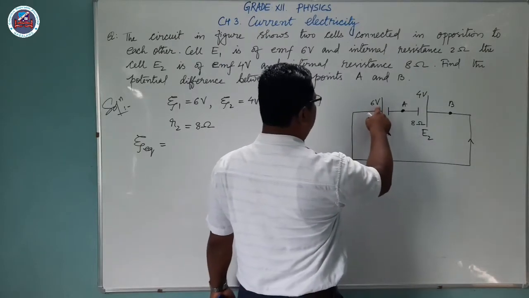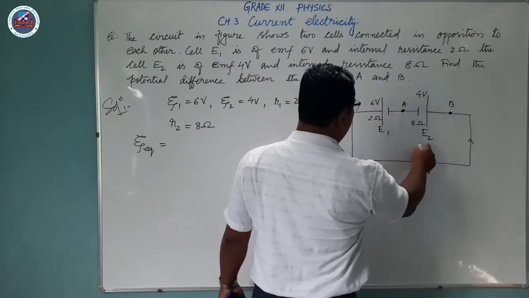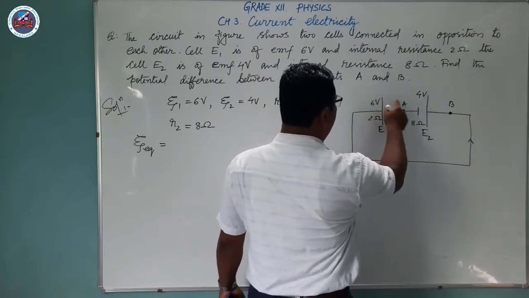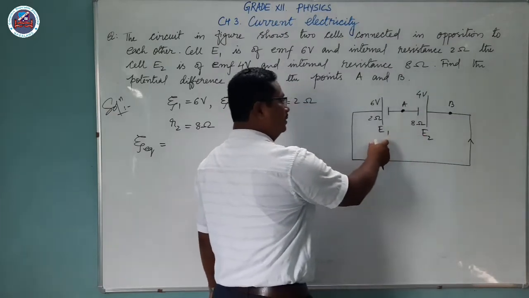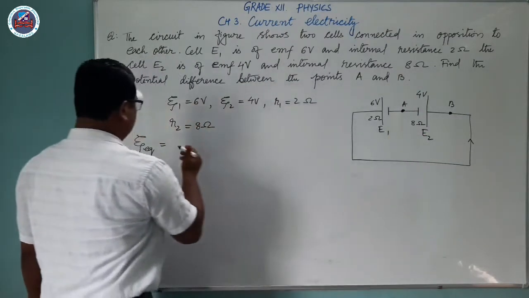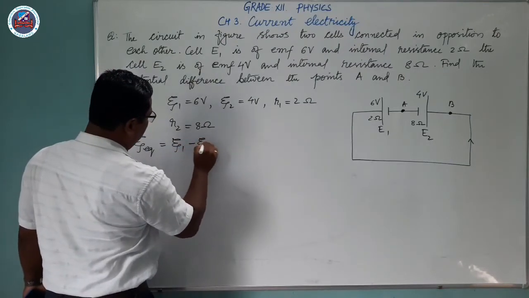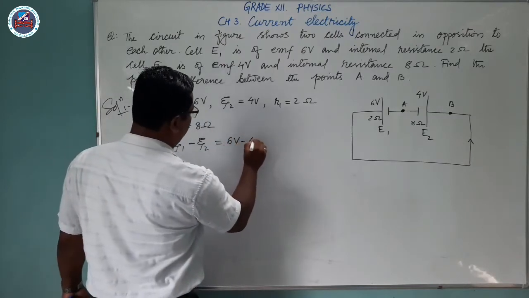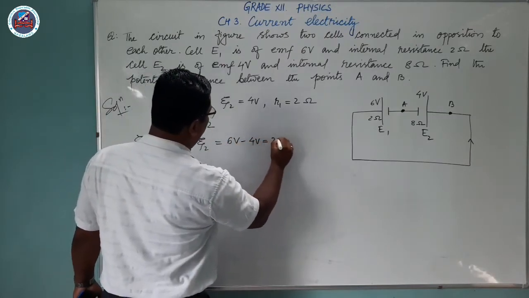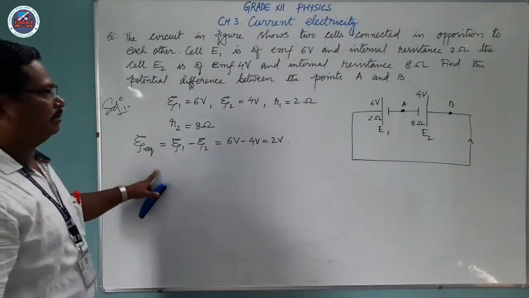Here we can see 6 volt is bigger than 4 volt, so I'll do E1 minus E2. If this is 4 volt and this one is 6 volt, then we'll do E2 minus E1. But in this case, we'll do epsilon 1 minus epsilon 2, and it gives us 6 volt minus 4 volt is equal to 2 volt. So this is the equivalent EMF.